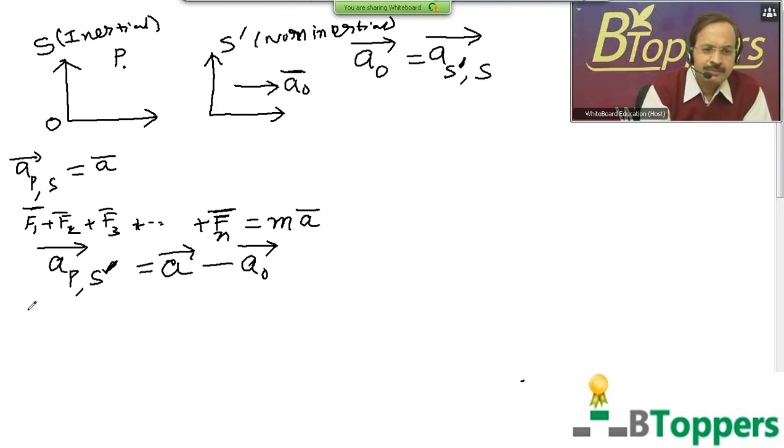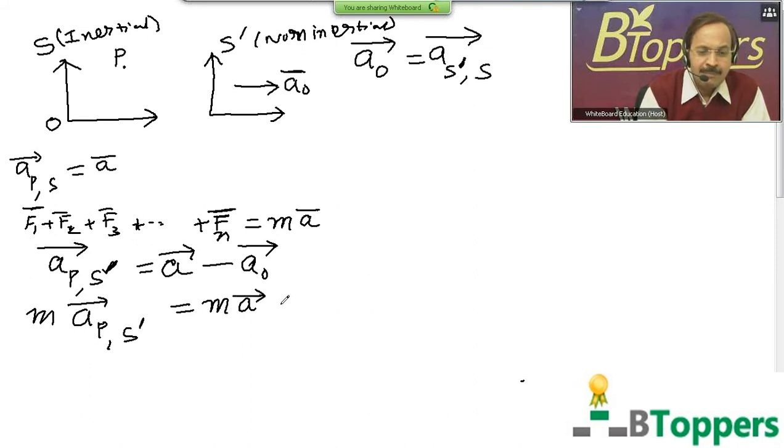So if you multiply both sides of this equation with the mass of the particle, the product of the mass of the particle and the acceleration of the particle with respect to the frame S dash, you can write m a bar minus m a naught bar. From this equation, m a bar is equal to F1 bar plus F2 bar plus F3 bar up to Fn bar.